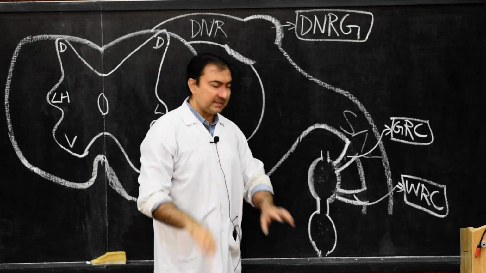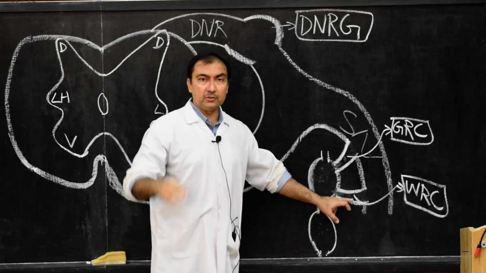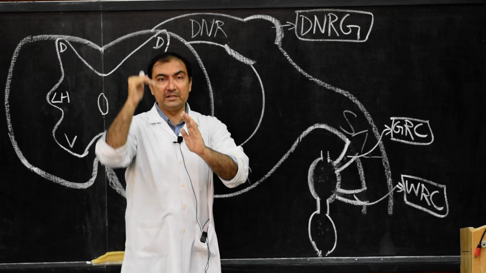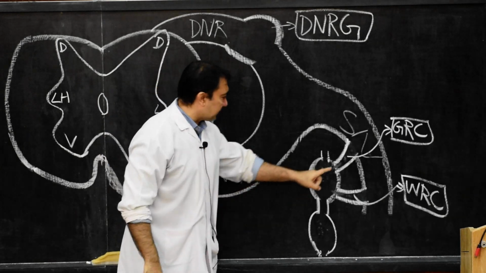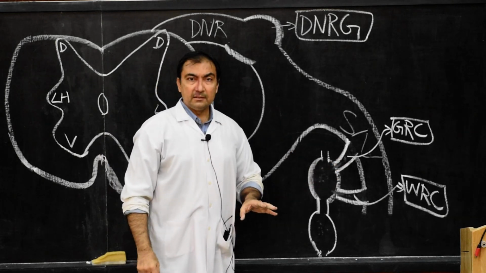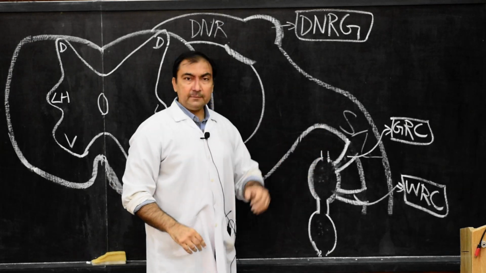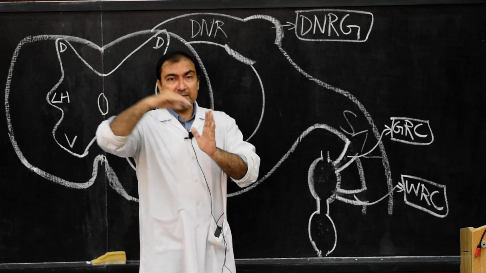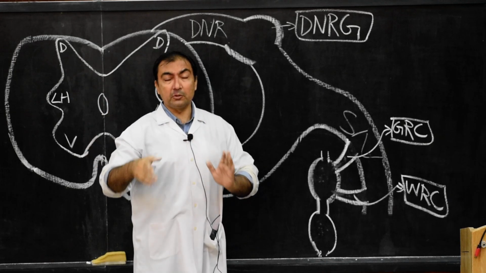So you should remember that white ramus communicans is limited only to T1 to L2, connecting the lateral ganglia with the spinal nerve. And gray ramus communicans will be communicating the lateral ganglia, the entire sympathetic chain, all the ganglia, with all 31 pairs of spinal nerves.